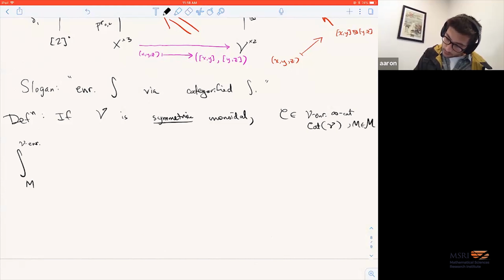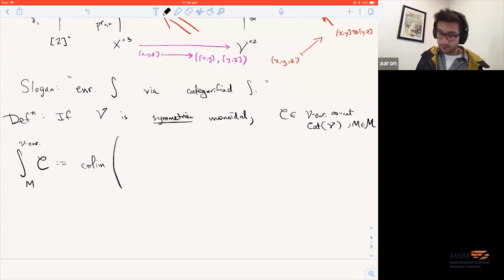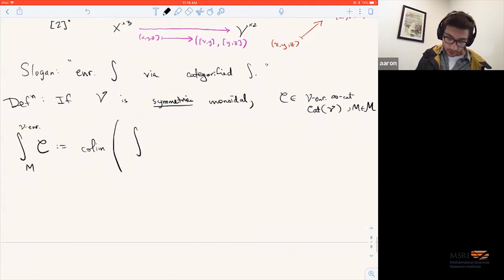M is one of these compact variframed one manifolds. It's the following colimit. So what I'm going to do is take this categorified factorization homology over the infinity category of disk stratifications of M. So I'll explain why this makes sense in a moment.